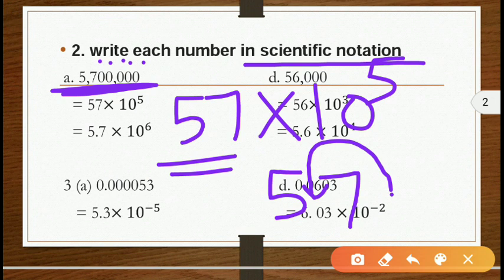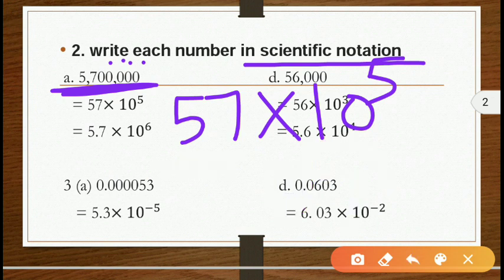When you change the position, only one digit is crossed, so you will increase the power by one, meaning this power will become 6. Why? Because if the decimal is at the end and you shift it in between 5 and 7, you have crossed only one digit, so you increase the power by 1, and it becomes 6.